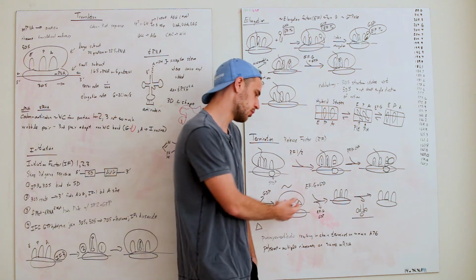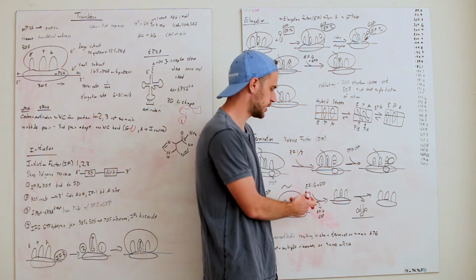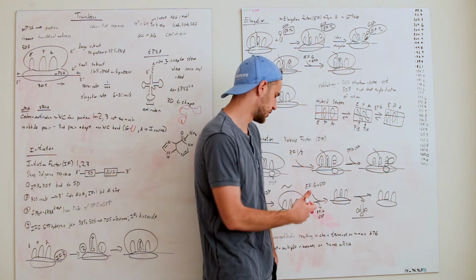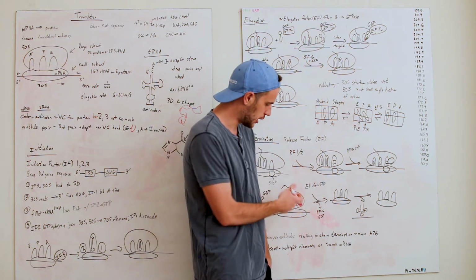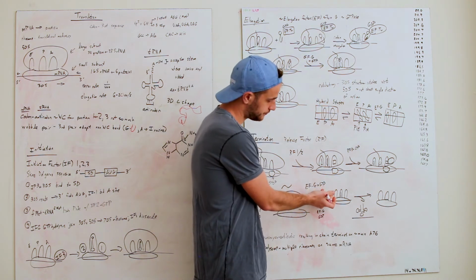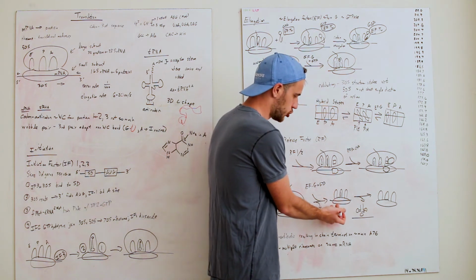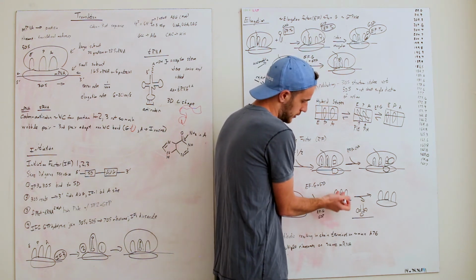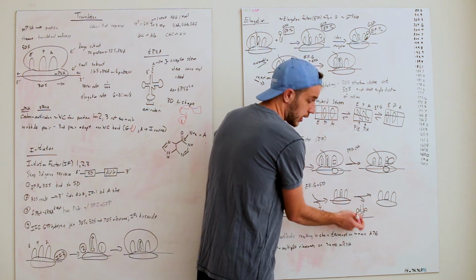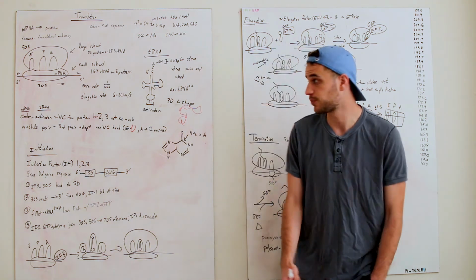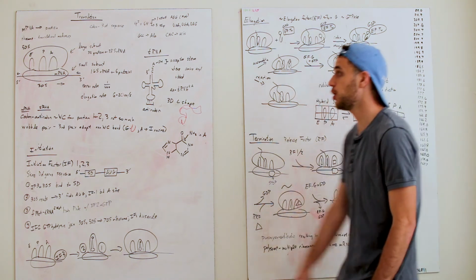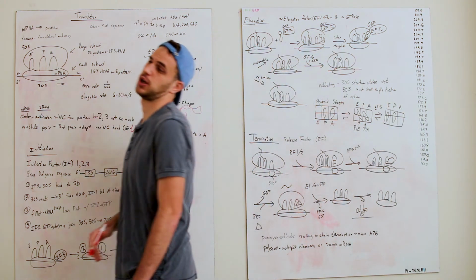And then EFG comes in and helps out, and the 70S is kind of destroyed now, with the 50S leaving. And then eventually the 30S dissociates from the tRNA and the mRNA and becomes an empty 30S. And then the process can begin all over again with the exact same machinery.